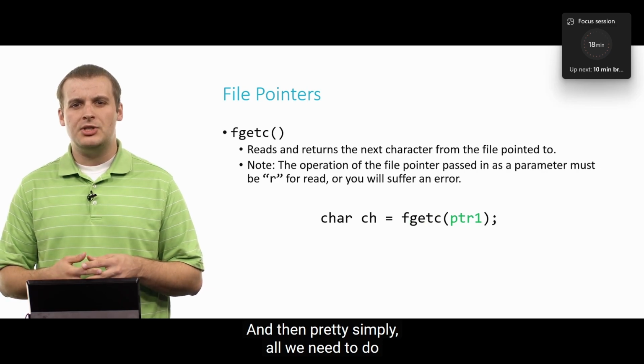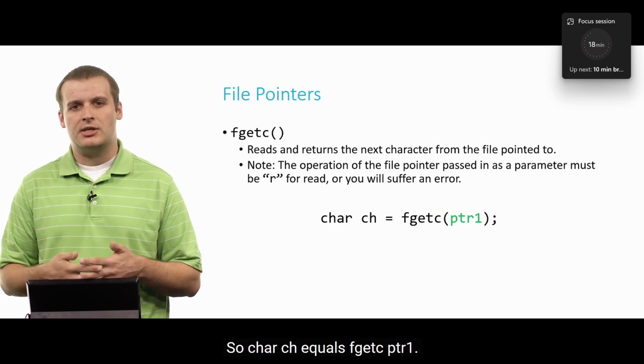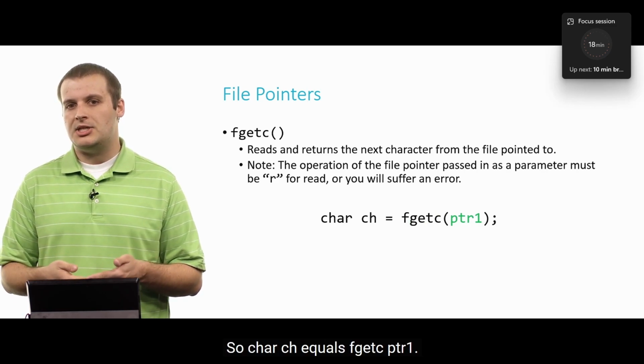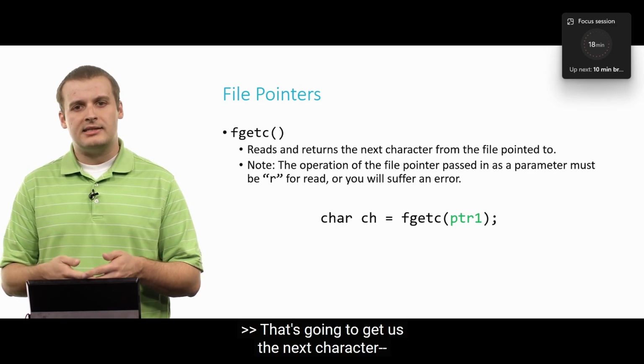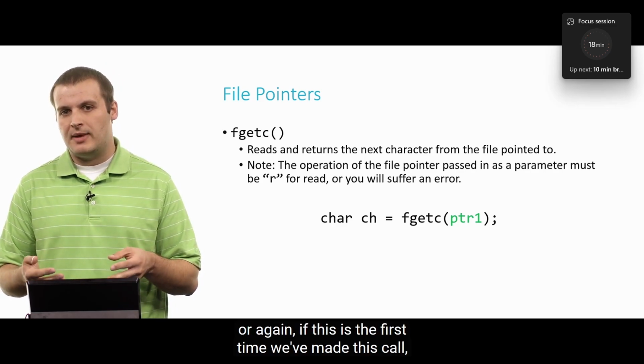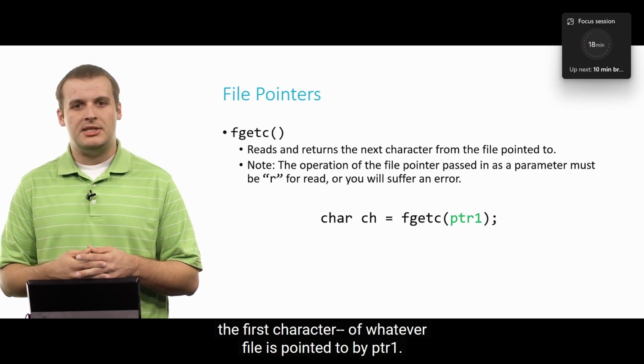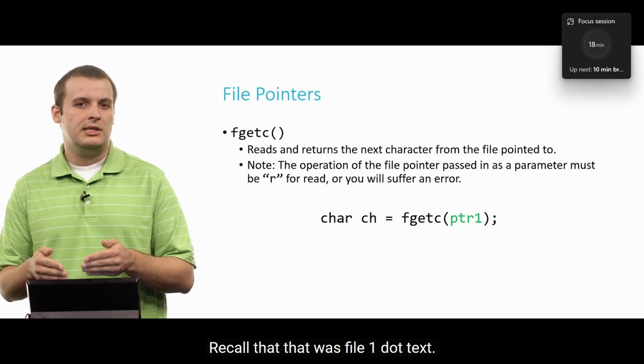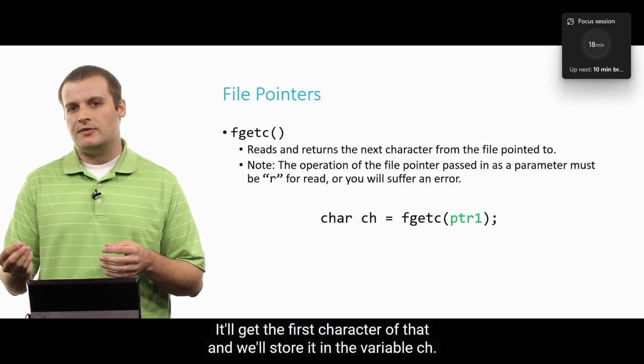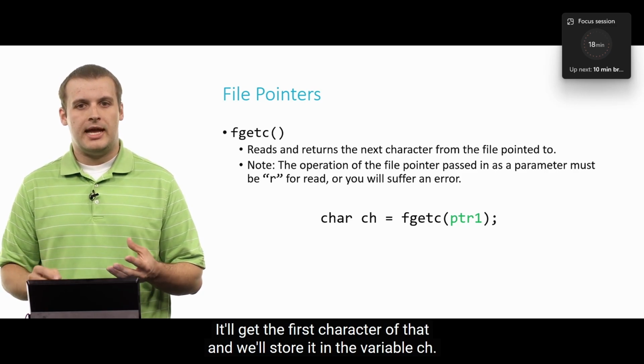And then pretty simply, all we need to do is pass in the name of the file pointer. So char ch equals fgetc ptr1. That's going to get us the next character, or again, if this is the first time we've made this call, the first character of whatever file is pointed to by ptr1. Recall that that was file1.txt. It'll get the first character of that and we'll store it in the variable ch.